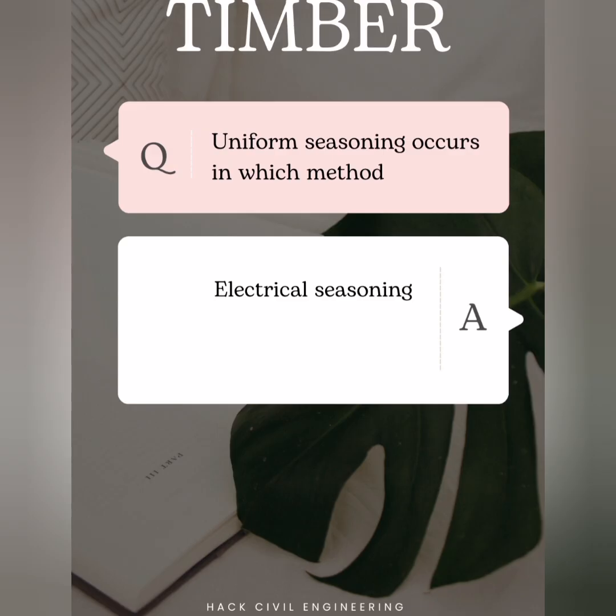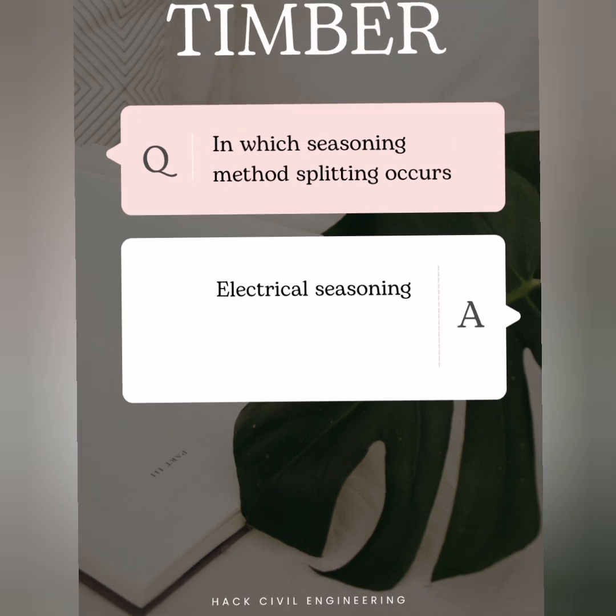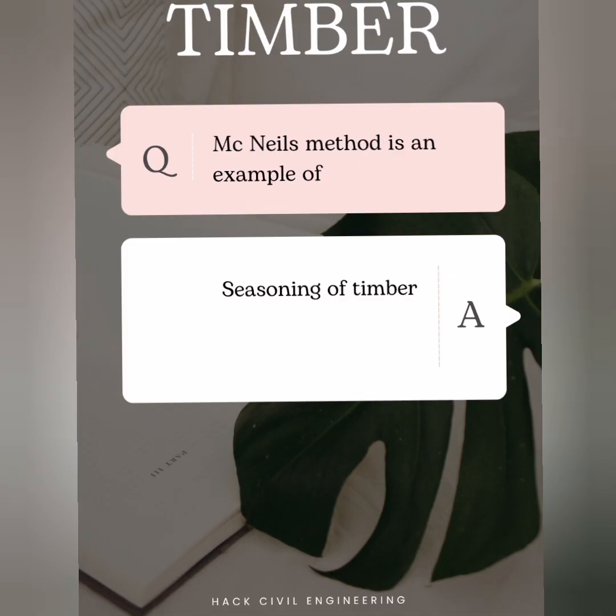Electrical seasoning. In which seasoning method does splitting occur? Electrical seasoning. Rapid and effective method of seasoning of timber: electrical seasoning. McNeil's method is an example of seasoning of timber.